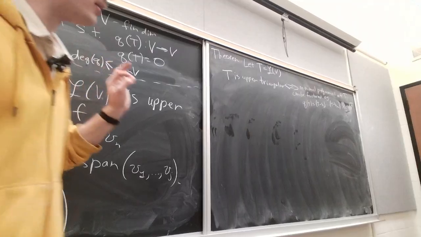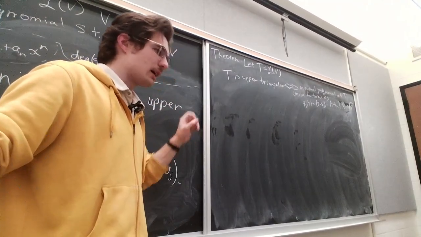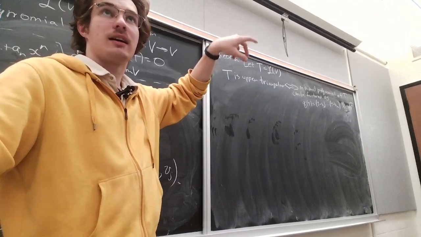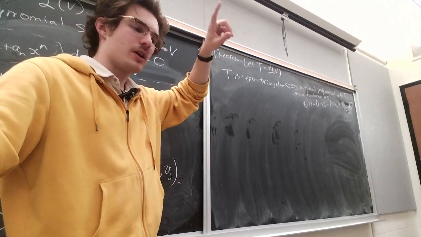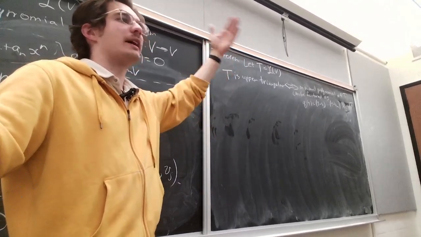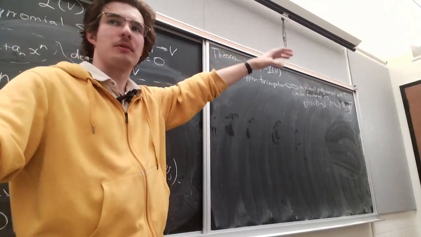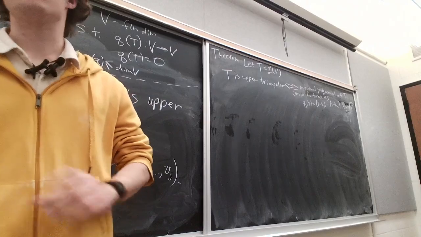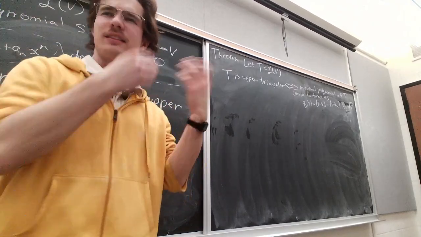The non-trivial step is showing that if you have a polynomial q with q of T equal to 0, then the minimal polynomial will divide it, so you can factor out the minimal polynomial. That's a little bit non-trivial. I should prove it, but you get the idea.